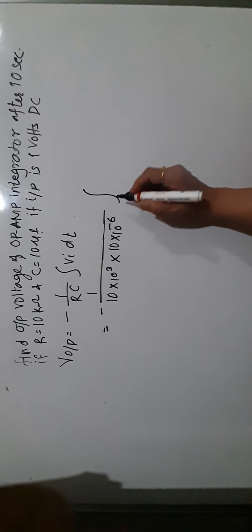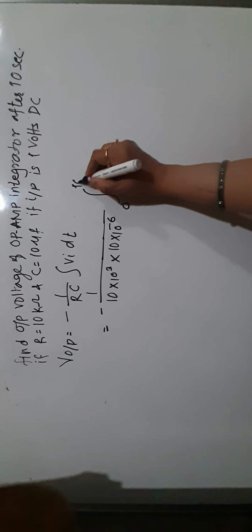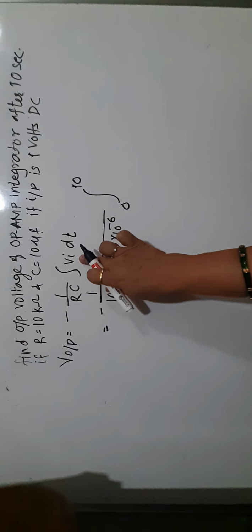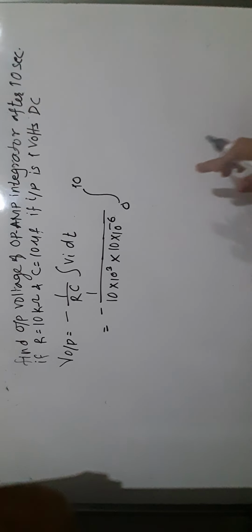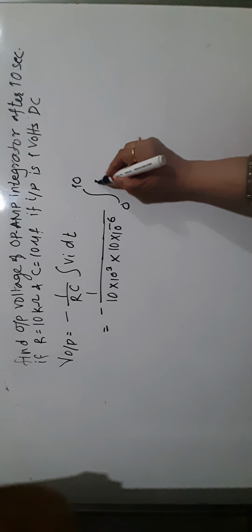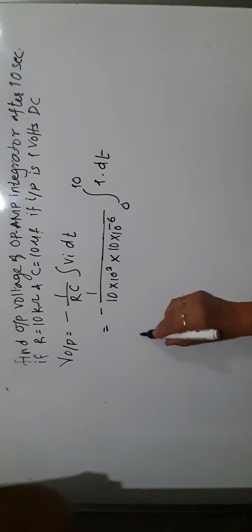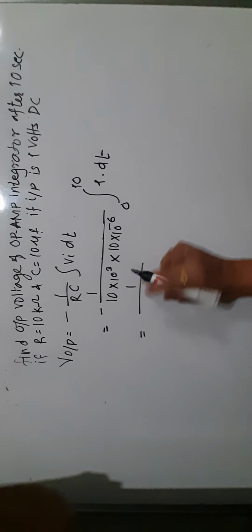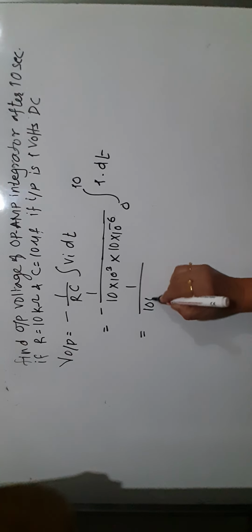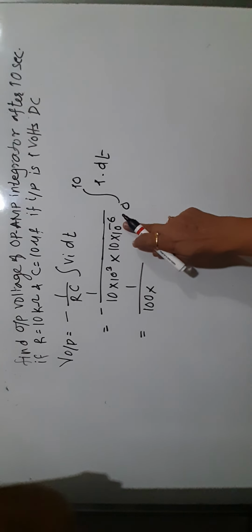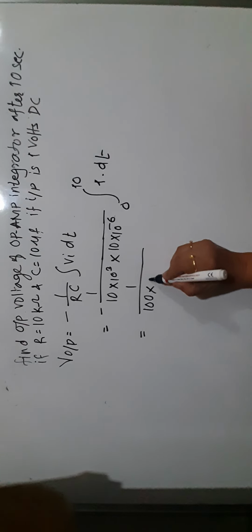Now for the integration, the time duration is 10 seconds, so 0 to 10, and Vi given is 1 volt. So here we will substitute 1 into dt, so 1 upon 10 into 10, that is 100, into 10 raised to 3 into 10 raised to minus 6, which will be 10 raised to minus 3.